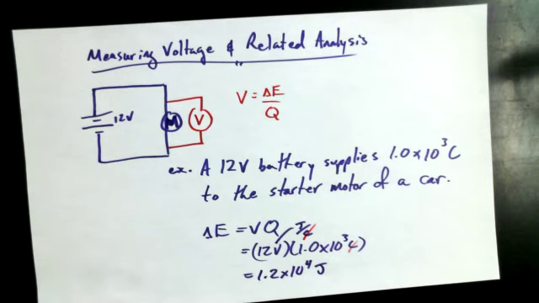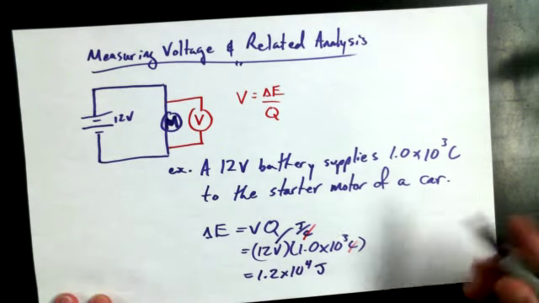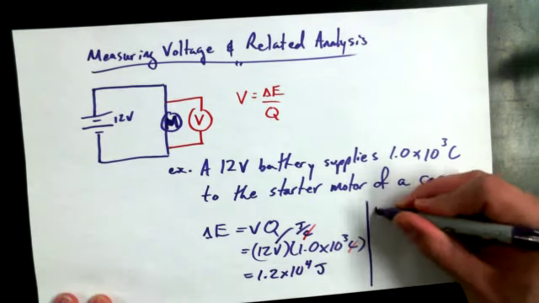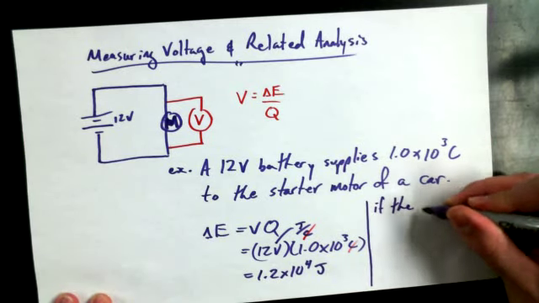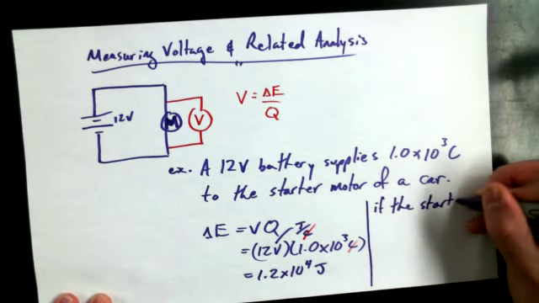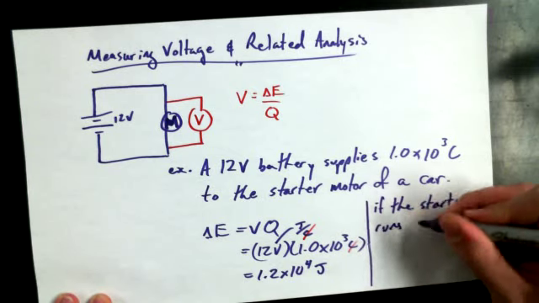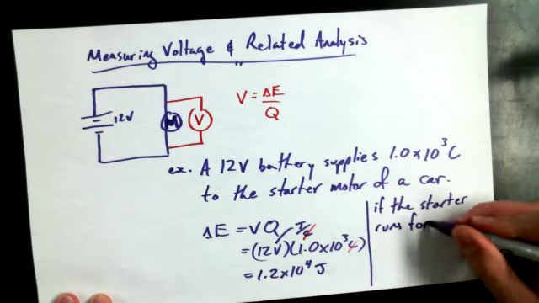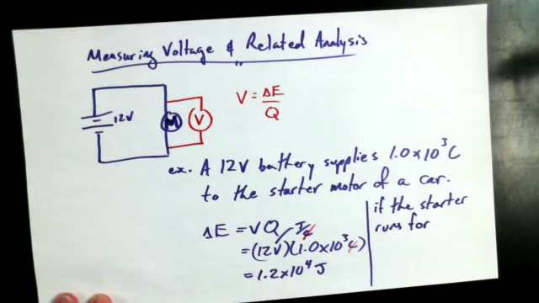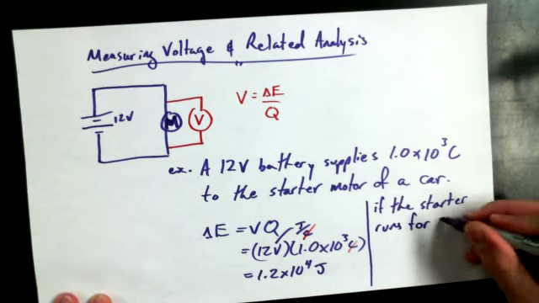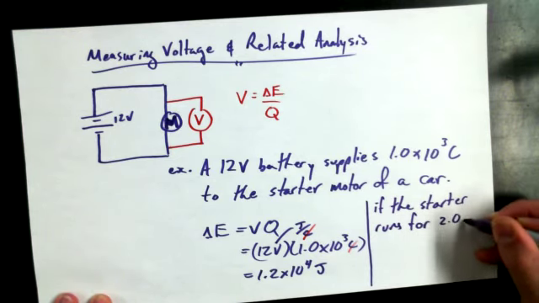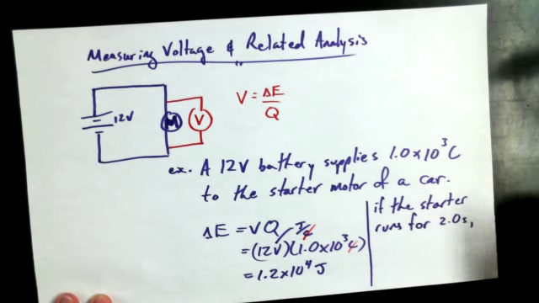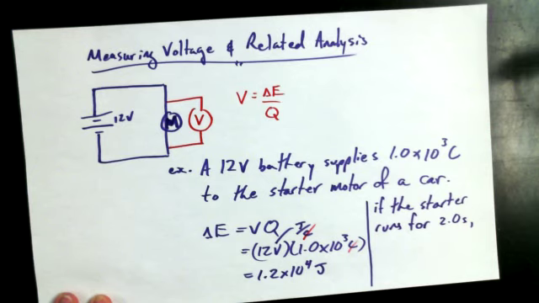Now what I would like to figure out is, for the same circuit, if the starter runs for, oh, what do you think? 2 seconds? Let's say 2.0 seconds. What could I figure out? Could I figure out the current?